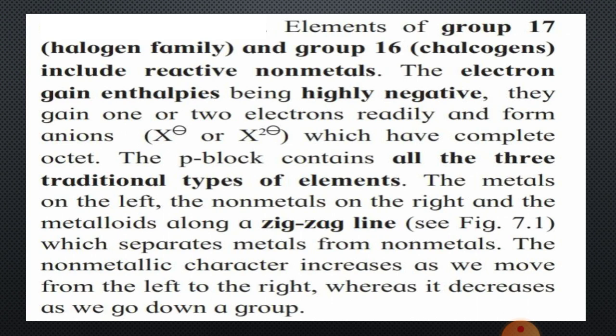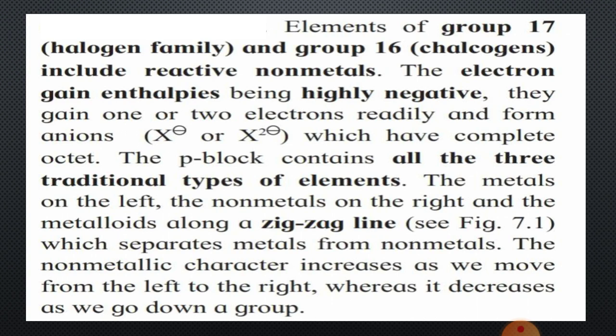These group elements gain 1 or 2 electrons readily and form anions. As we know, group 17 elements require only 1 electron to attain the state of stability, while group 16 elements require 2 electrons. So group 17 elements will gain 1 electron and get converted into X minus anions, minus charge for anions.